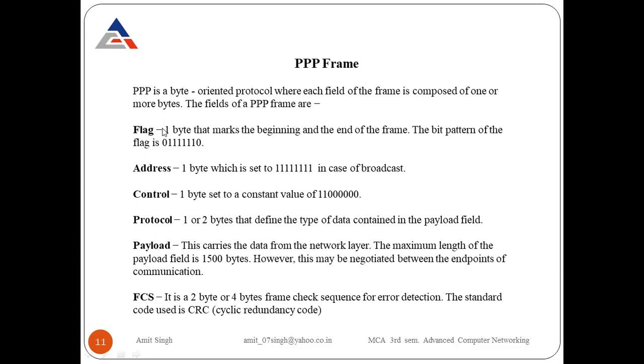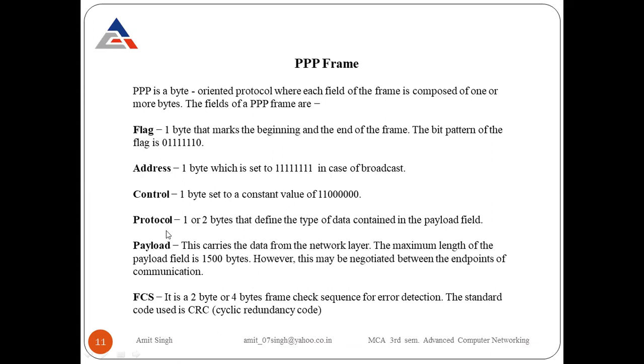Now the address, it is a 1 byte field which is set to all 8 bits 1 in the case of broadcast, and the address is set to 11111111. Then we have a control field, which contains the control information, but the value of the control field is, the first two bits are 1 1, then the rest of the 6 are 0 0 0 0 0 0.